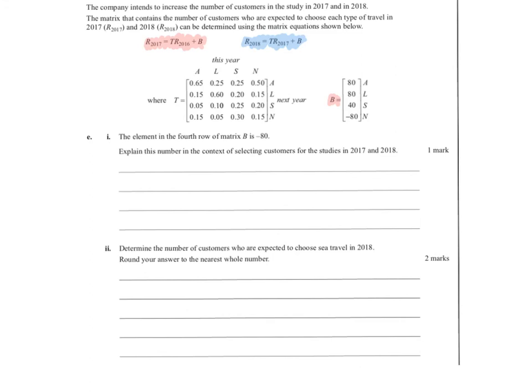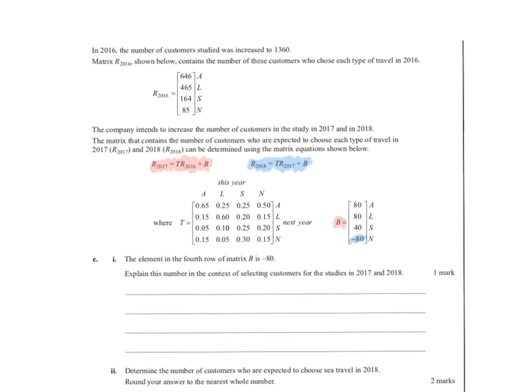Question E. The element in the fourth row of matrix B is negative 80. So that's that value in there. Explain this number in the context of selecting customers for the studies in 2017 and 2018. That column there represents customers who are doing no travel.